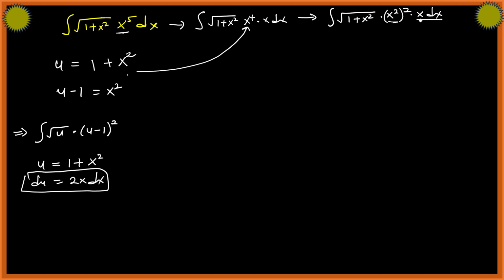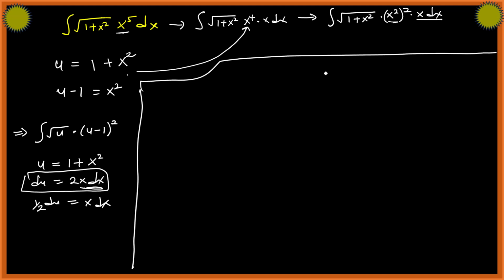Now remember we have x dx here and we can get it here, so we can divide both sides by 2, so this side will be half du, x dx. So in place of x dx, I'll put du on 2 or half du there.